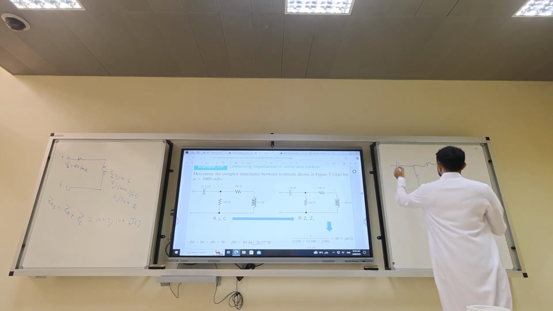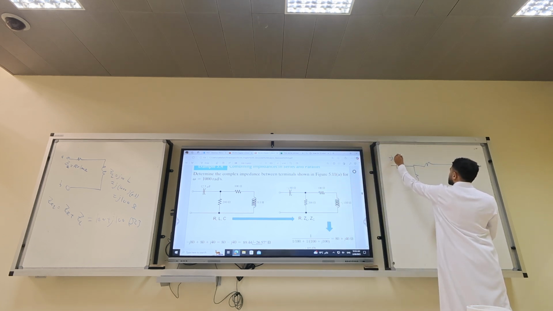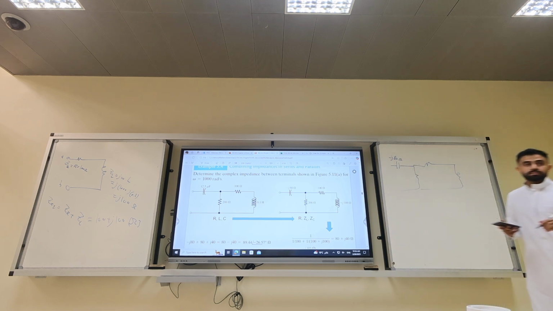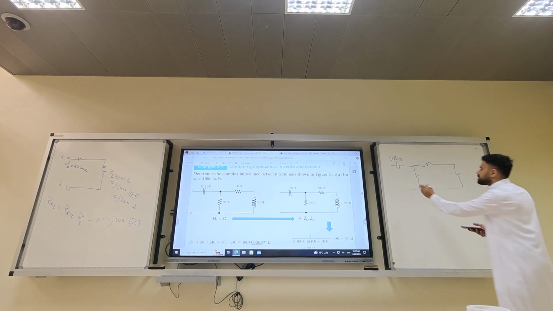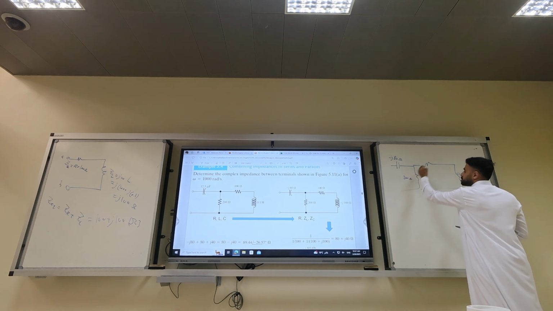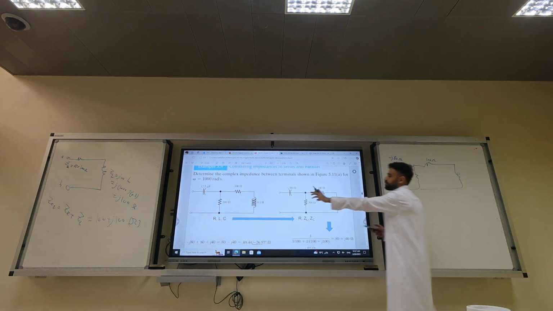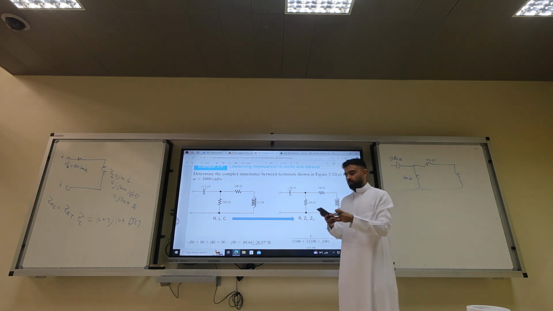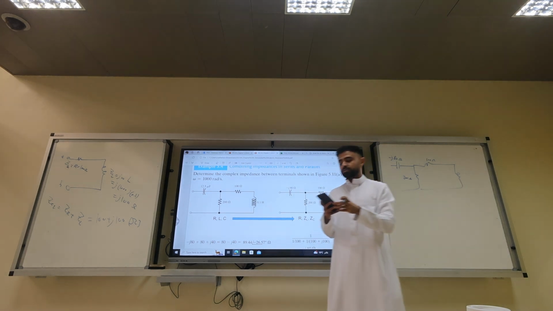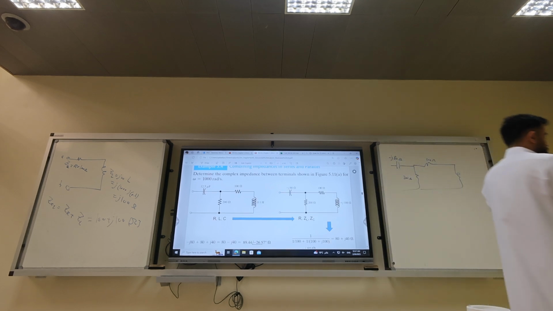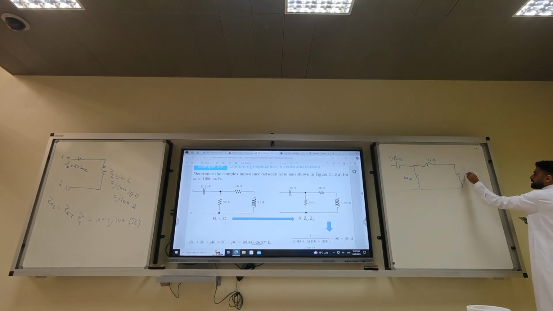That will be minus j times 80 ohms. The resistors will stay the same, 200 ohms and 100 ohms. For the inductor, it will be 0.1 times j times 2 times 1000. So it will be j times 100 ohms.